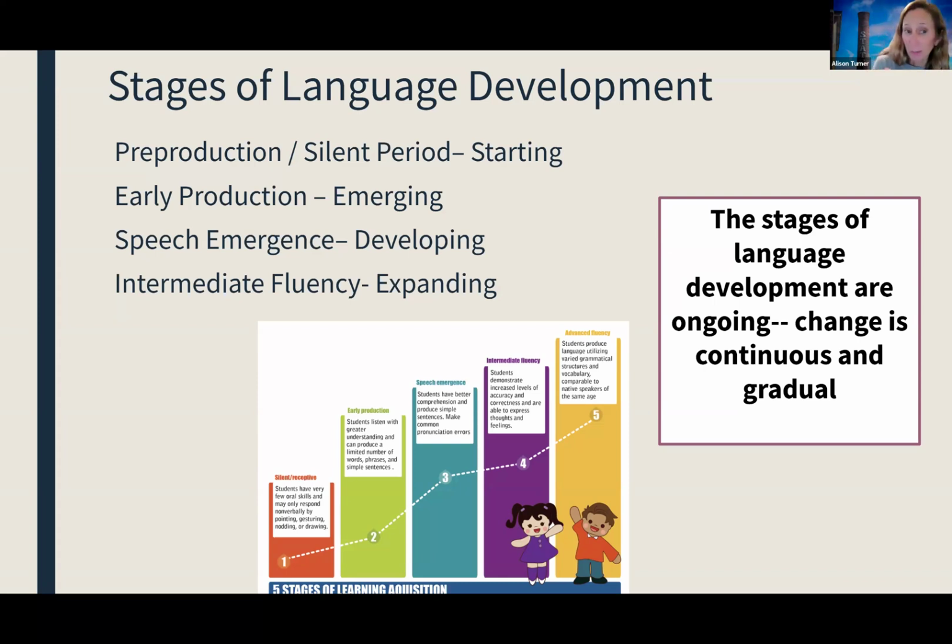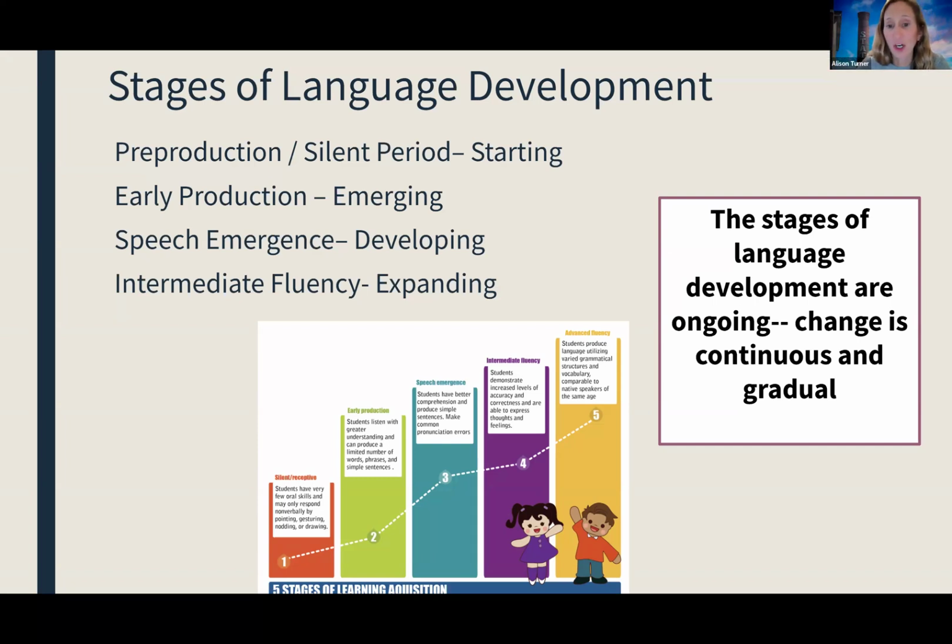Then we move towards early production, right? That's when language begins to emerge with a bit of production, very scaffolded, meaning that it's supported by the teachers, right? They might be able to produce a limited number of words, phrases, or simple sentences. And then we have speech emergence and intermediate fluency as things begin to expand, right?